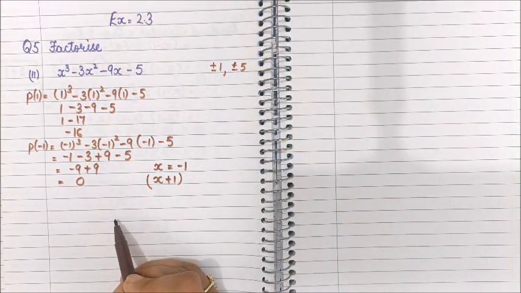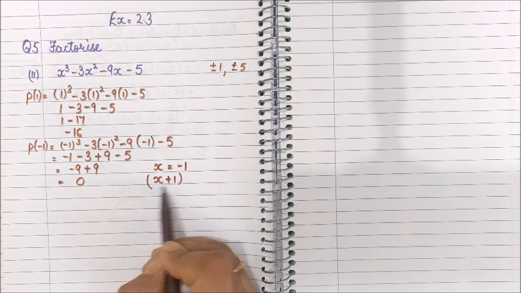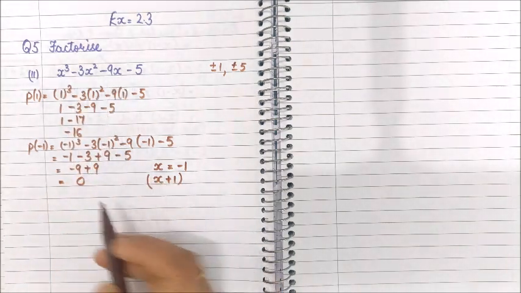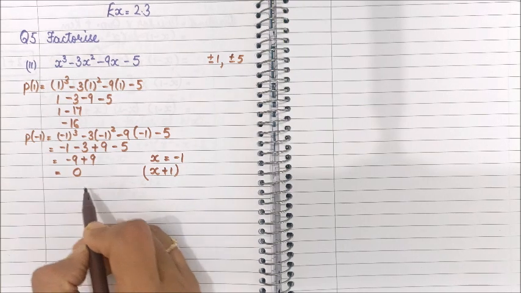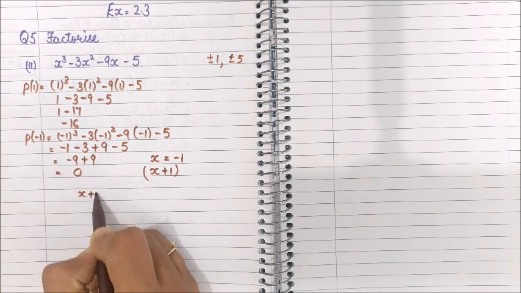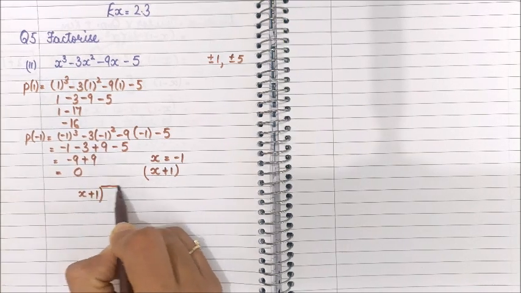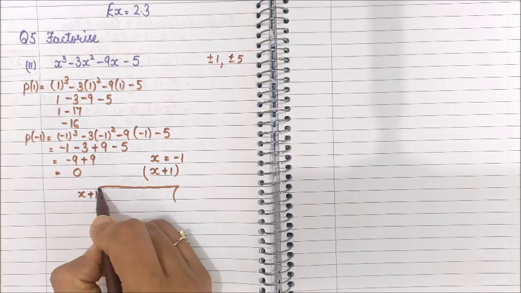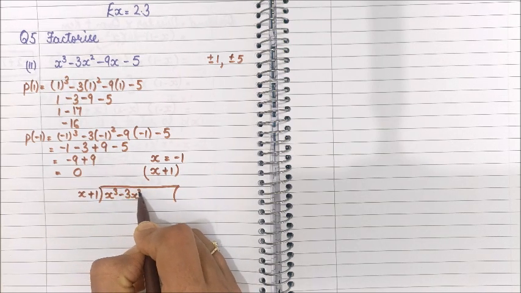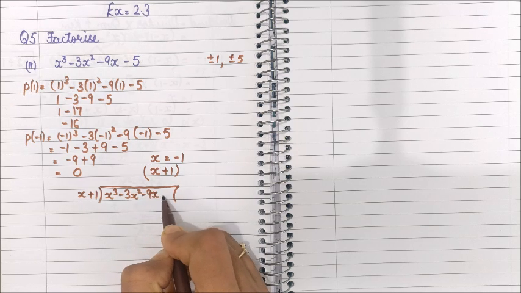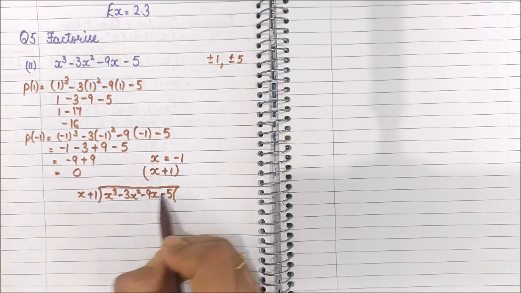Now for the other factors, what we used to do is take this as the divisor and this as the dividend, and divide by the long division method. So let's start. x plus 1 is the divisor, and the dividend is the big expression x cube minus 3x square minus 9x minus 5.